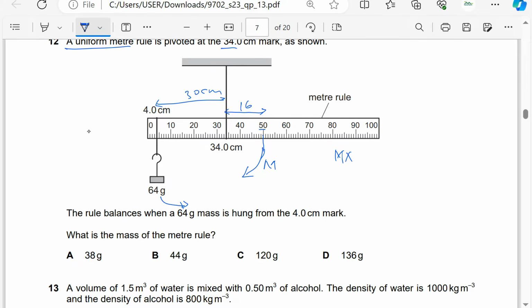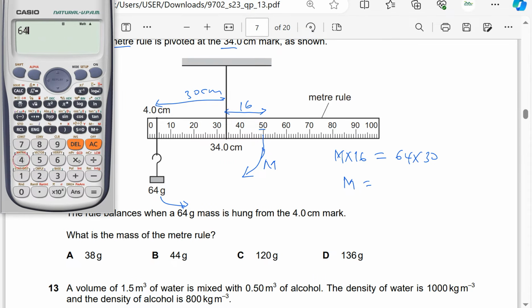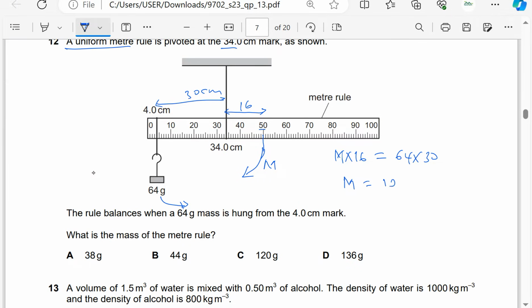So M times 16 is going to be equal to 64 times 30. So M is going to be 64 times 30 divided by 16, which is 120 grams. It is grams because I didn't change it to forces. So the answer is C.